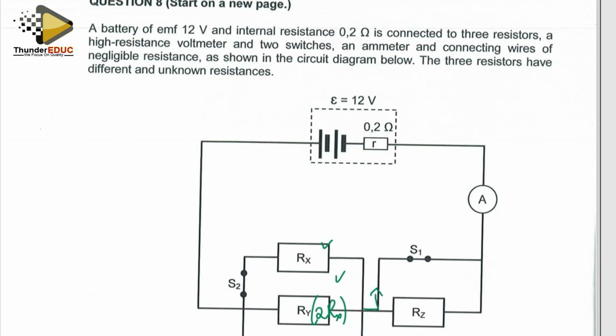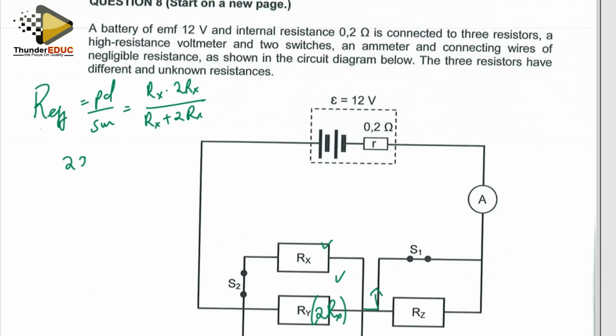Since the two are in parallel, R effective is product over sum: Rx times 2Rx divided by Rx plus 2Rx. That gives 2x squared over 3x. The x cancels, so it's just 2 over 3 Rx. This is my effective resistance.